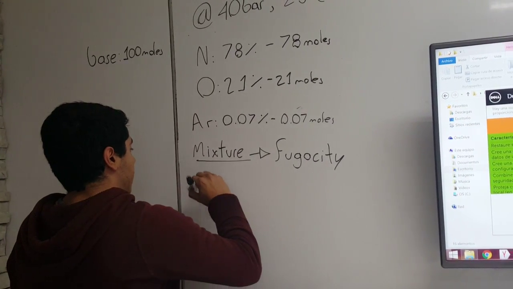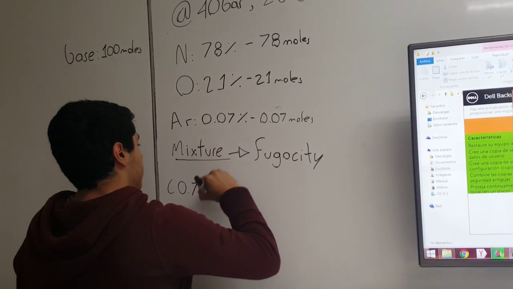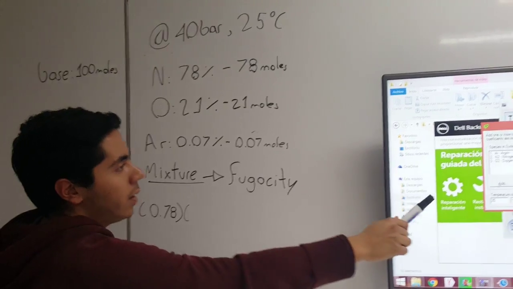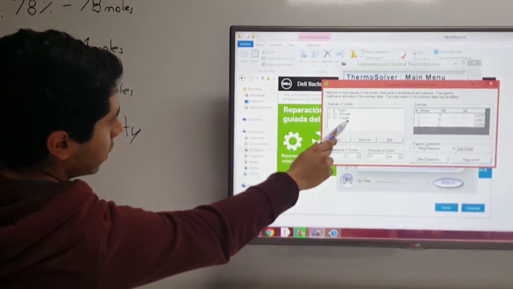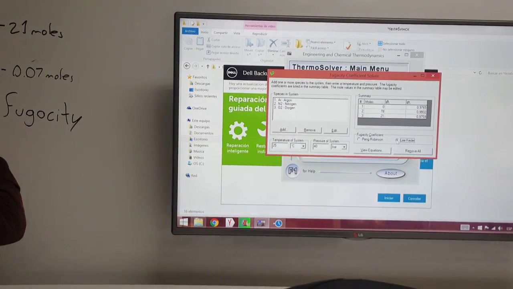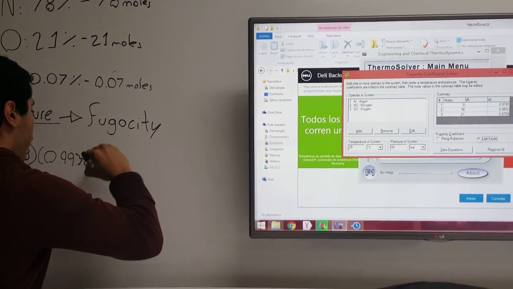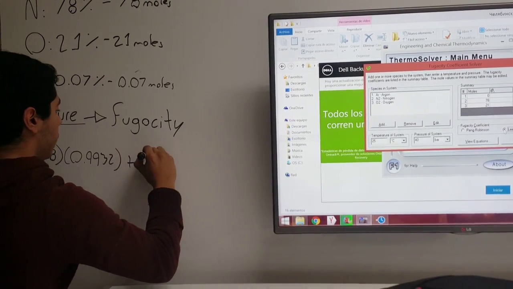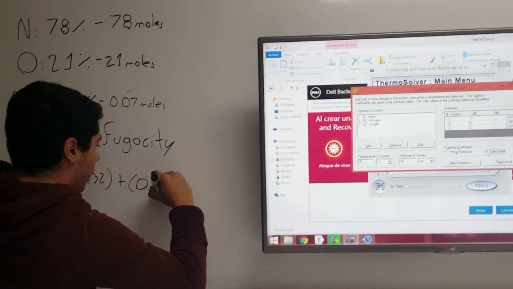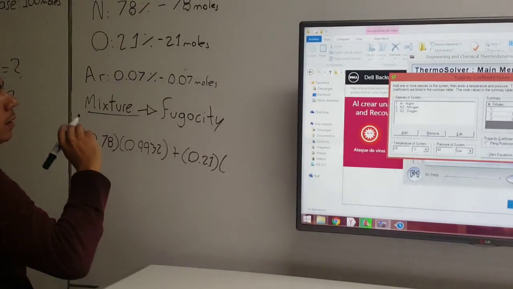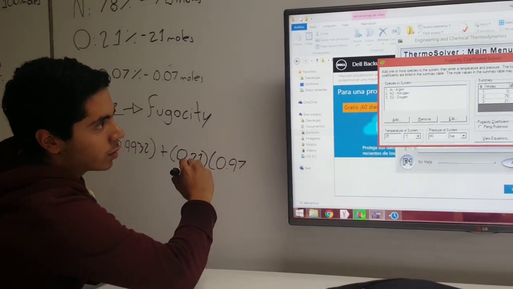So we have 0.78 mole fraction multiplied by its coefficient. This one is the nitrogen, number 2, and we have 0.9932. Now we add the oxygen: 0.21 of everything multiplied by the coefficient that we obtained in the Thermosolver.